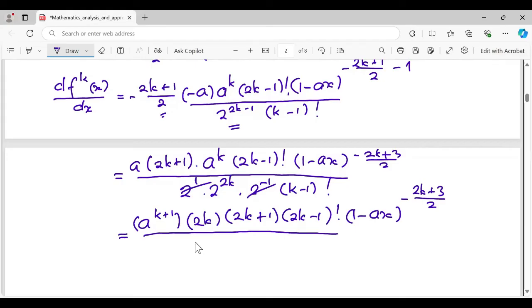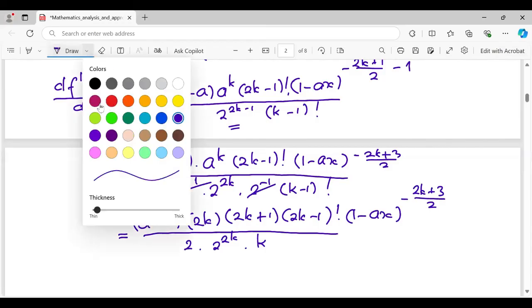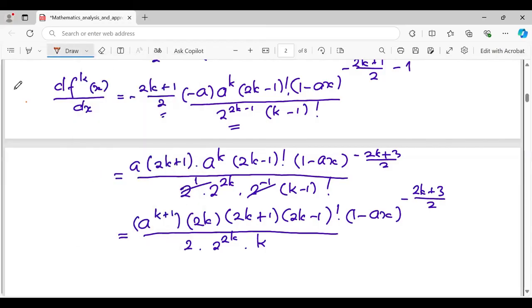Over, it's already 2 times 2 power 2k, and then k times... oh wait, I forgot that for this part I will multiply by 2k over 2k, especially for this fraction, this term.